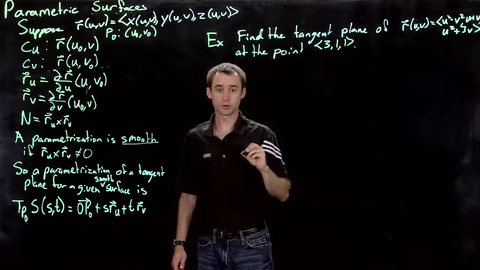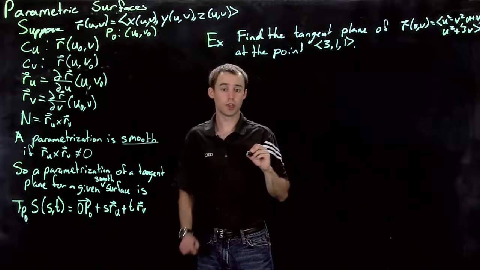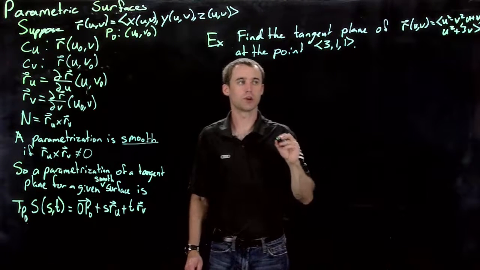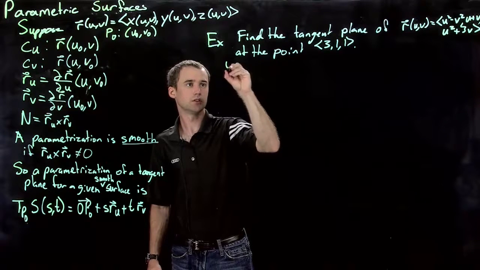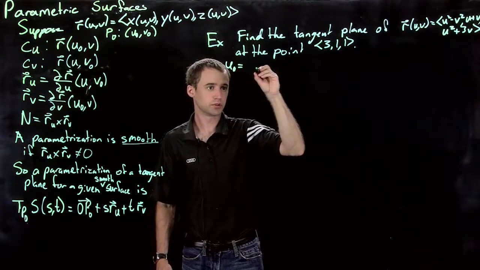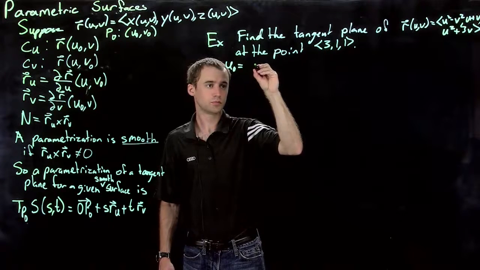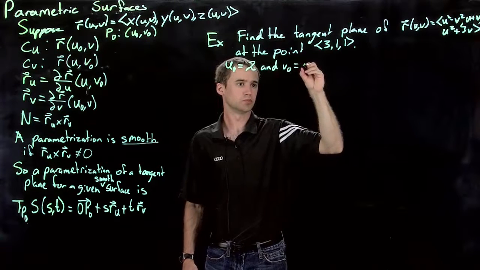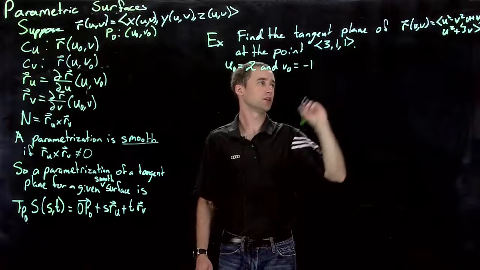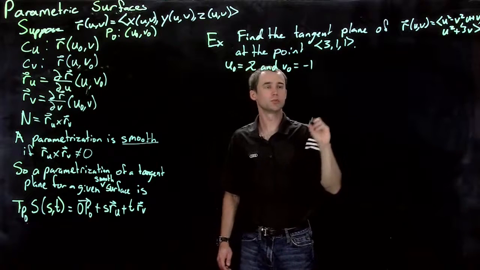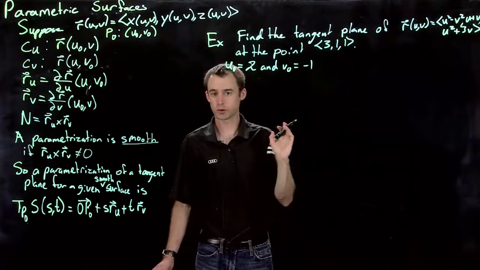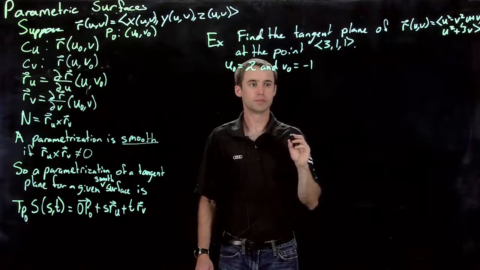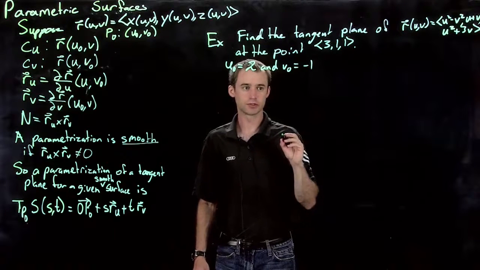Now the first thing you have to do is find out what u0 and v0 are. With a little algebra or some guess and check, you can find that if we let u0 equal 2 and v0 equal -1, then r of (2, -1) will give us this point. So those are perfectly fine u0, v0. Okay, so now all we have to do is compute partial derivatives.